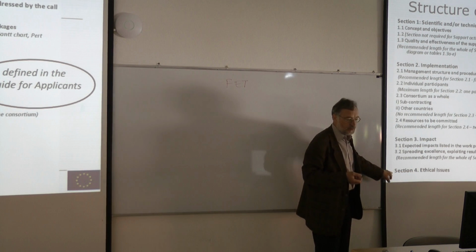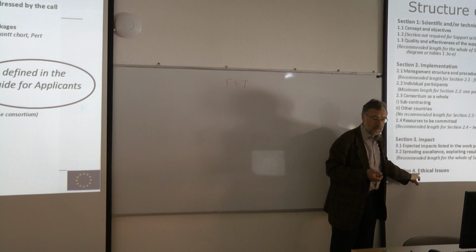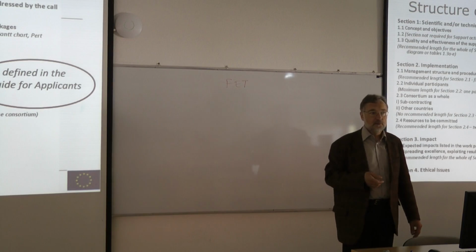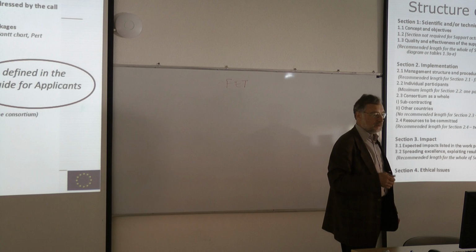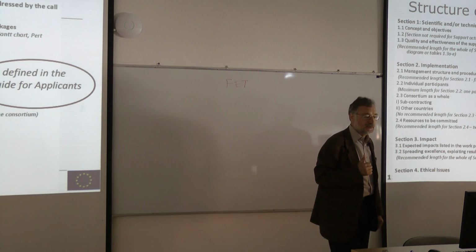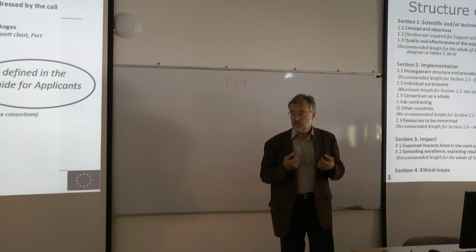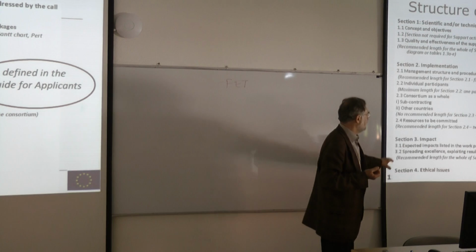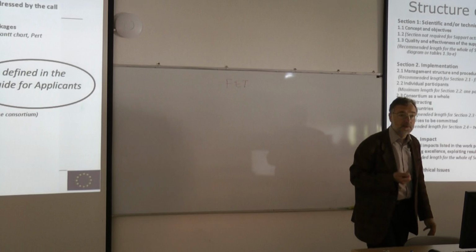And then there is a very small section called ethical issues, which is there for political reasons, but which is at the end not so important. So 3 main sections: objectives and a work plan section, an implementation part with management procedures and description of partners, and an impact part which refers to the future. Okay?